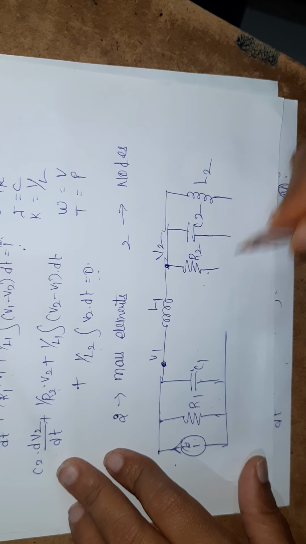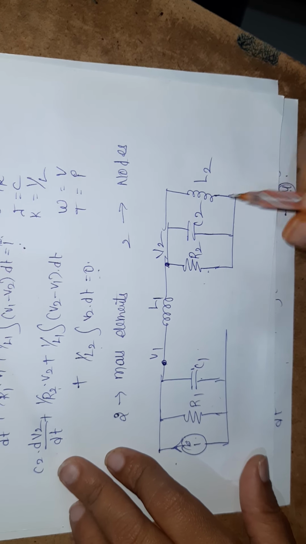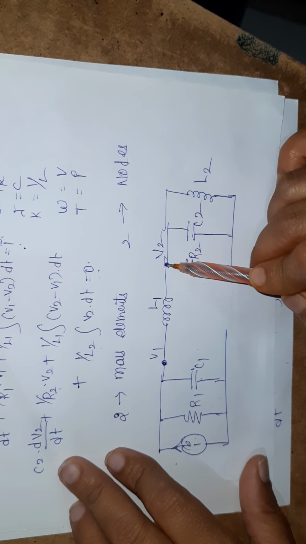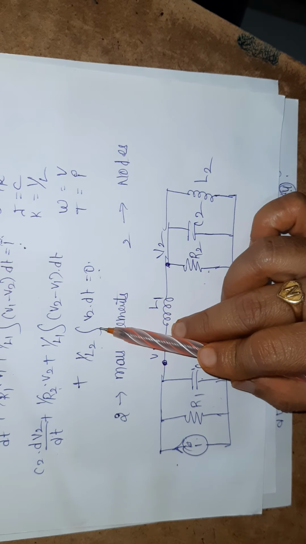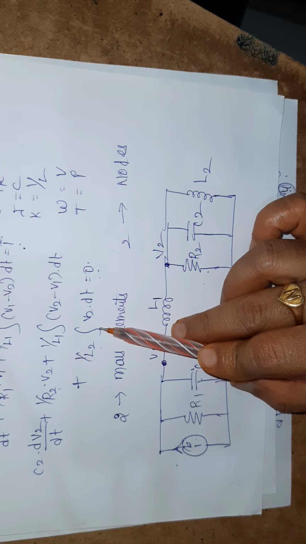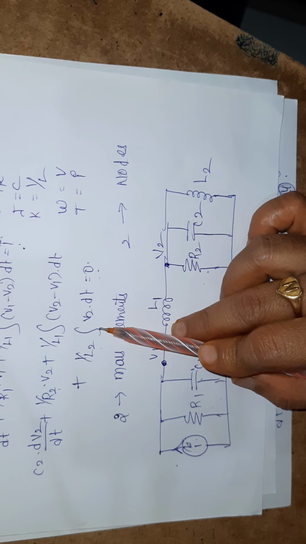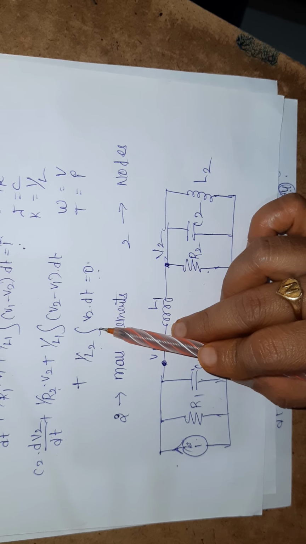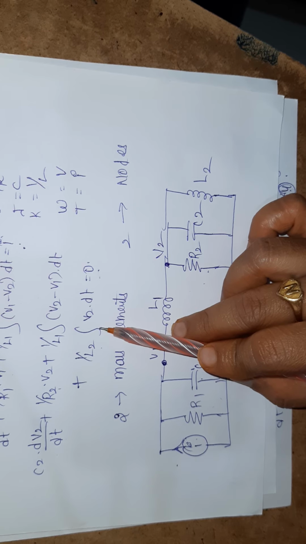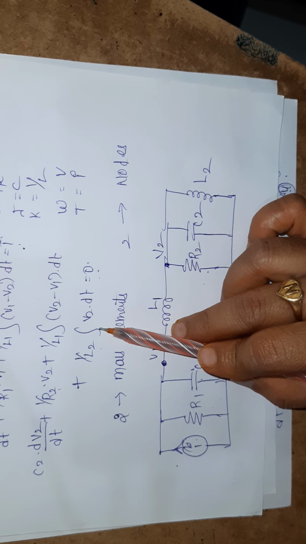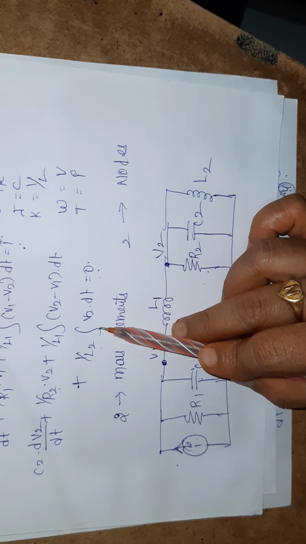These are connected only to the node V2, and for the two nodes I have L2 also. Now how to draw this circuit, L2, which is in between V1 and V2.